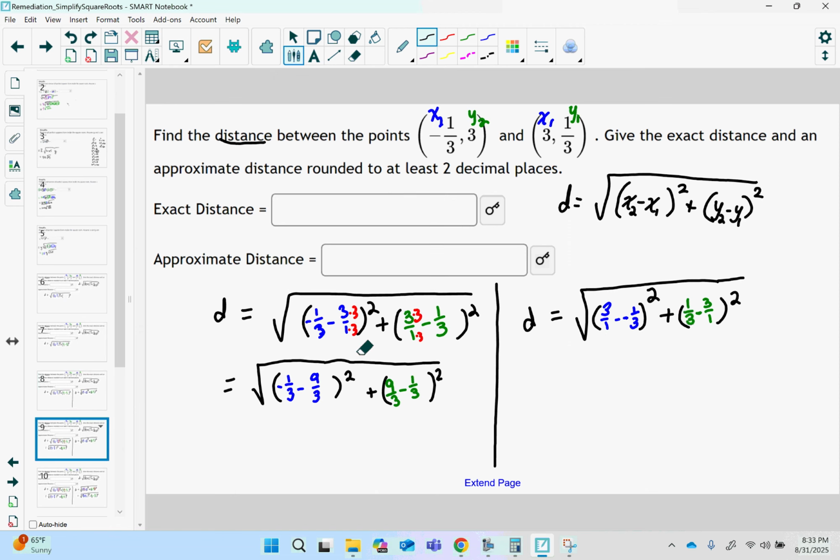So here in this step, I am getting those common denominators. So the 3/1, if I multiply that denominator of 1 times 3 to get it to be common with the other x value, I just need to multiply the bottom and the top by 3 because 3/3 is 1. And if I multiply 3 times 1, it's still 3.